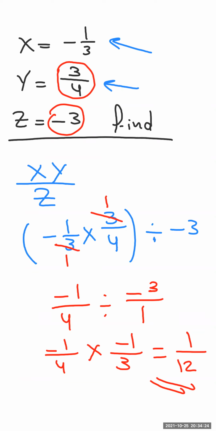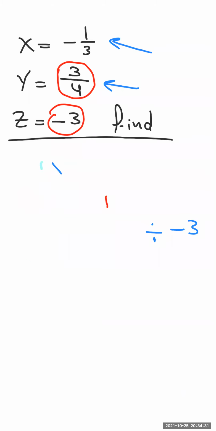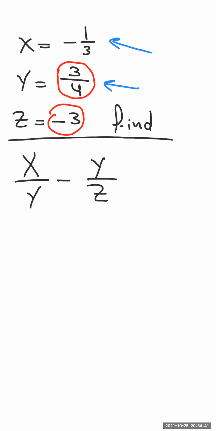The last one. The last requirement, guys, it was x over y minus y over z. So x over y, where is x? It's this one. So -1 over 3, over y means divided by y.